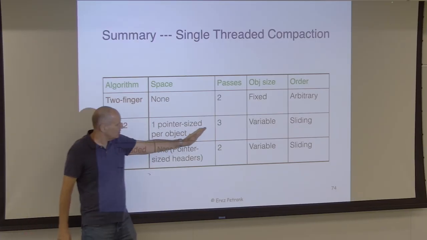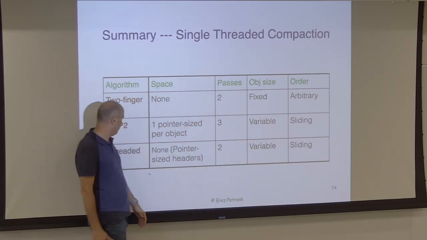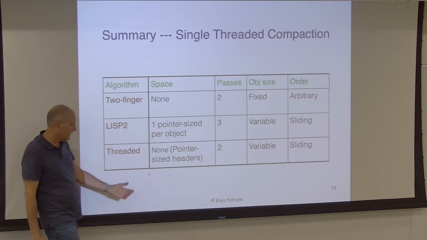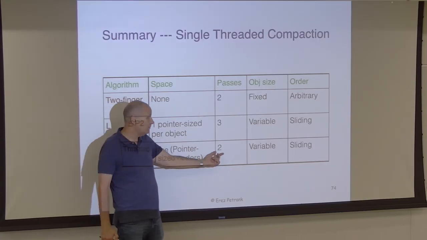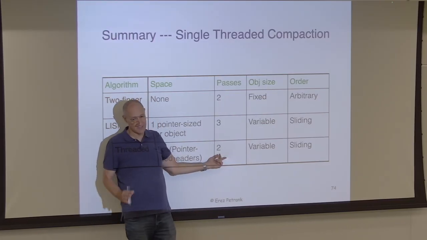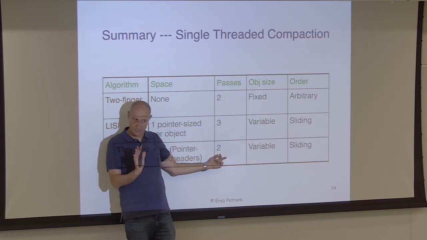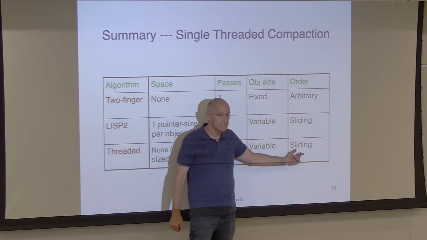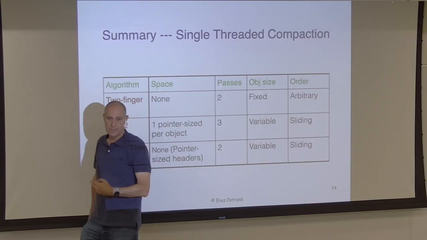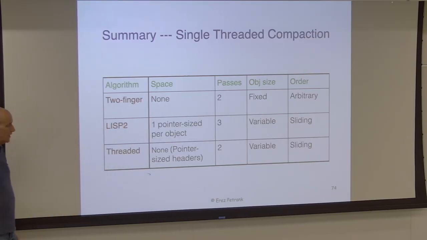So it has a high cost but good properties. And the threaded one does not need any space overhead, which is great. It does 2 passes, but we've said there is a caveat that these passes are expensive. And it can work with variable objects and it's sliding. So generally, it has good properties.